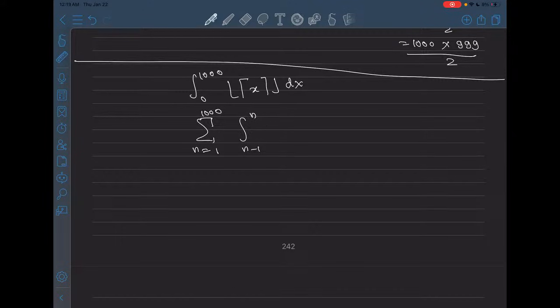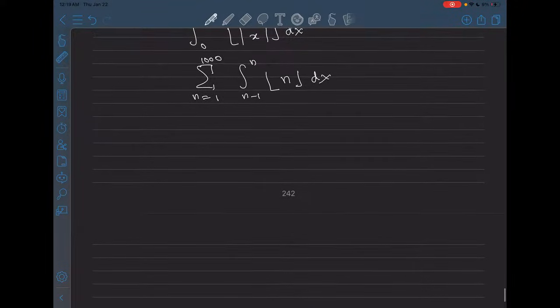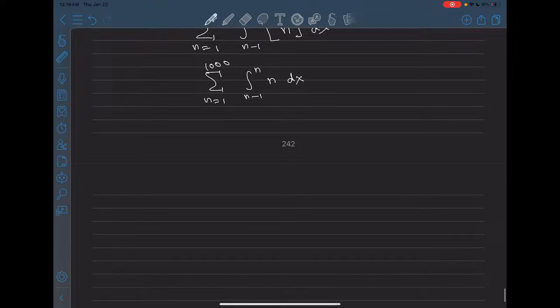So in this case, if we take the ceiling, this should be n, right? Unlike earlier where it was n minus 1, in this case it will be n because we are taking ceiling. So sum from n equals 1 to 1000, and this is just n because that's an integer, and for an integer the ceiling or floor doesn't really do anything.